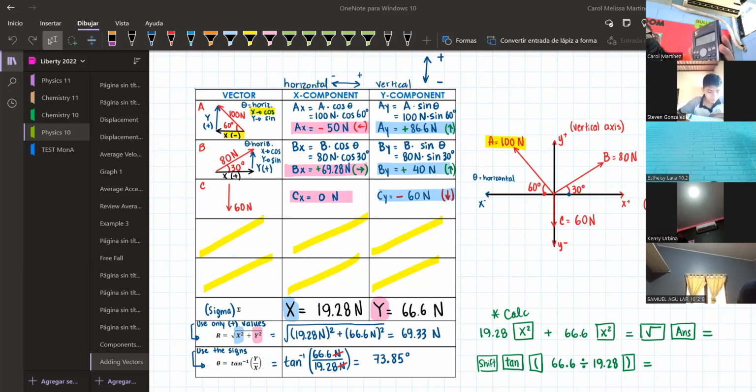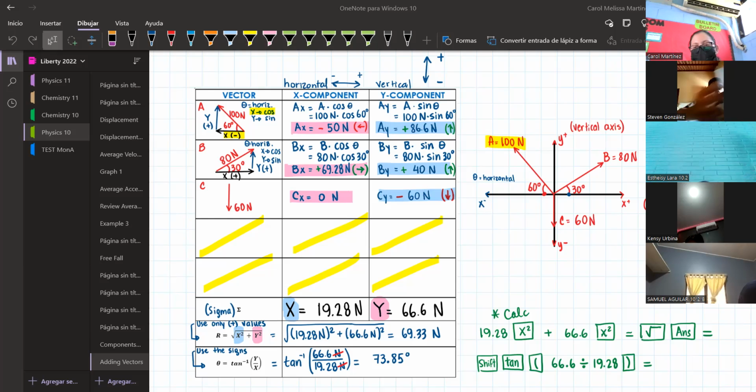Remember, shift, tangent, open parenthesis, 66.6 divided by 19.28, close parenthesis, equal, 73.85.